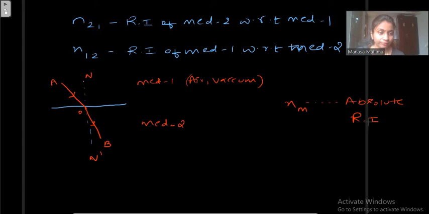What is absolute refractive index? It is the refractive index of the medium with respect to air or vacuum.